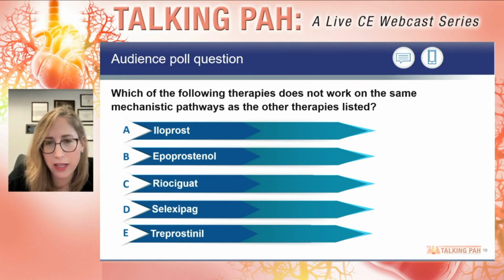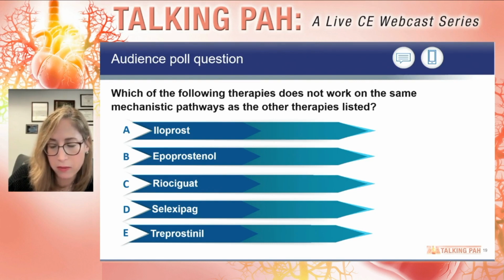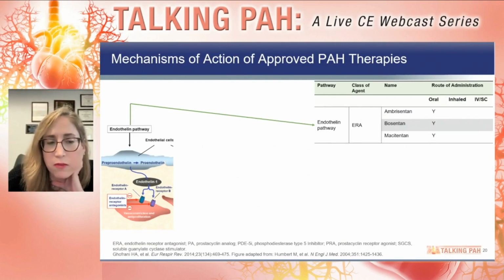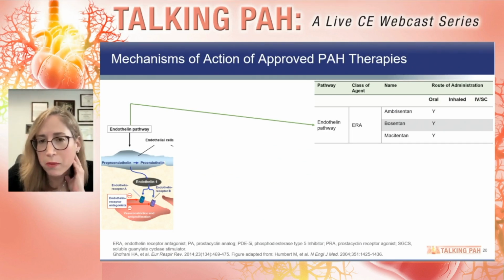All the others are prostacyclin analogs or derivatives working on vasodilatory pathways that are similar. So this is a breakdown of Marc Humbert's classic slide from 2004, New England Journal of Medicine, looking at the three pathways and showing what therapies are related to each pathway, or I should say target each pathway.